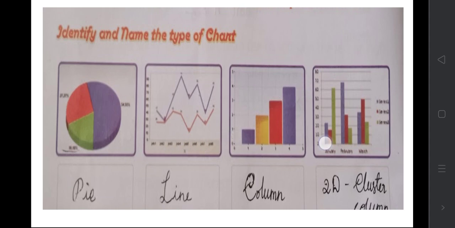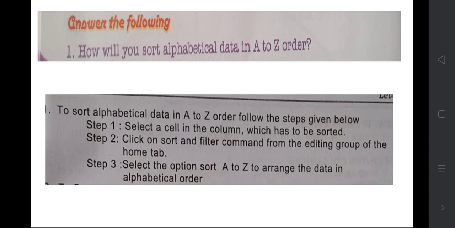Now we have come to the section called question answers. How will you sort alphabetical data in A to Z order? To sort alphabetical data in A to Z order, follow the steps given below. Step 1, select a cell in the column which has to be sorted.